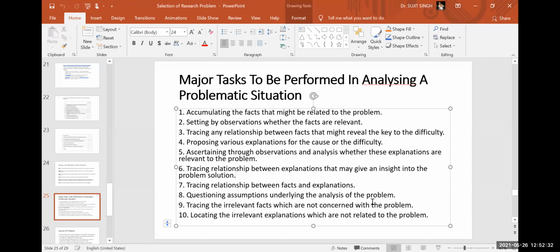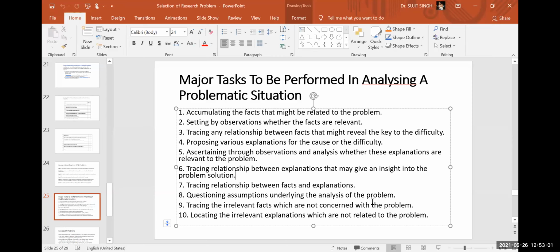Okay. Now, tracing the irrelevant facts which are not concerned, it's obvious. If there are irrelevant facts that are not concerned in any way with your analysis or the final result. So much data you collect, and out of that data, some data may be relevant, some data may be irrelevant.